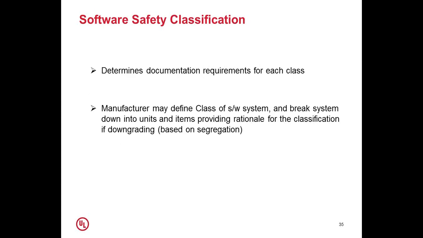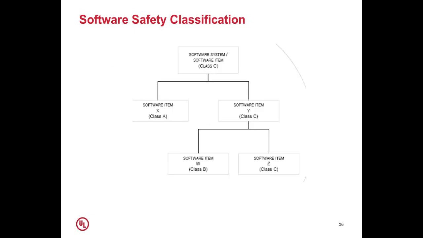So this enables us to determine the documentation requirements, and the manufacturer may define the class of the software system and break the system down into units and items, providing the rationale for classification if the downgrading is required.